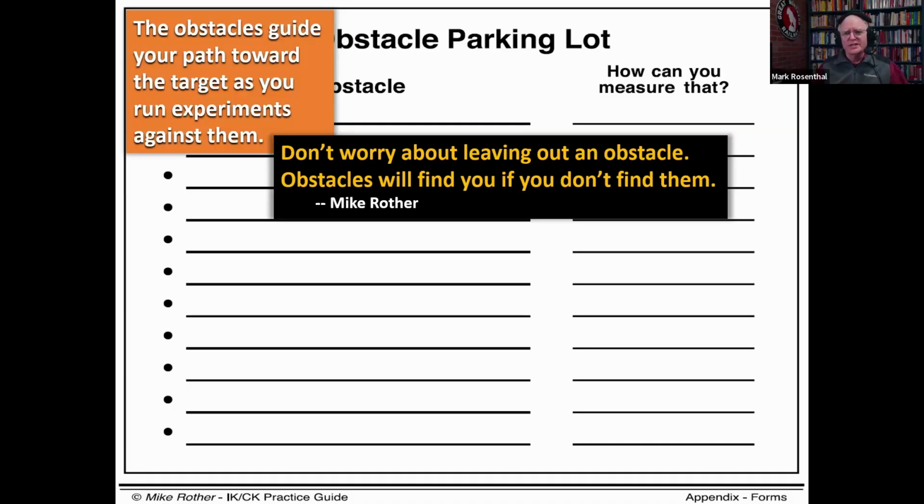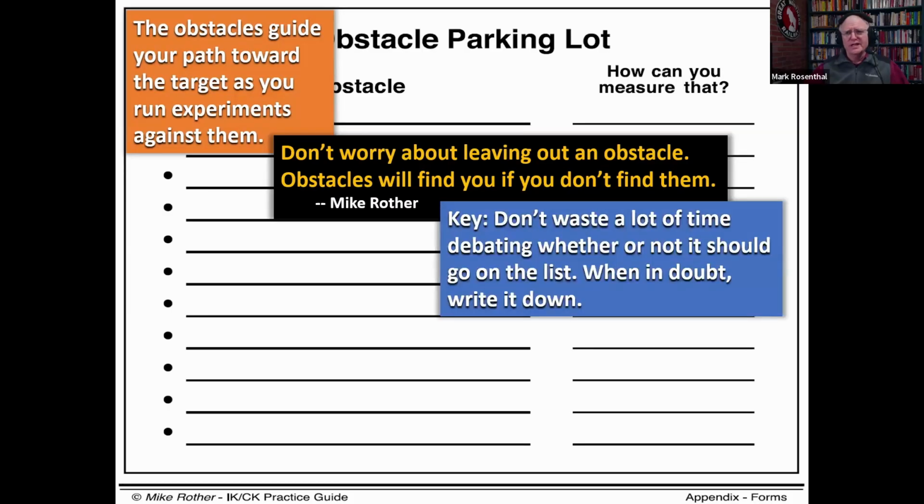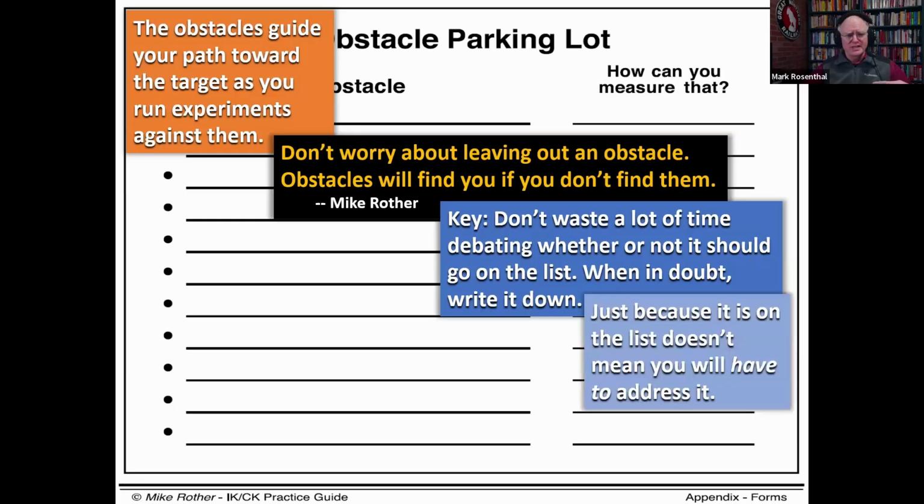The obstacle list from the perspective of the coach is just information to tell me how the learner's thinking about it right now. And that's all it is. It's not a list of action items, and I don't need to address them all. Don't waste a lot of time debating whether or not it is an obstacle. Just write it down, because you don't have to have a tick mark off of all of them. Just because it's on the list doesn't mean you have to address it.